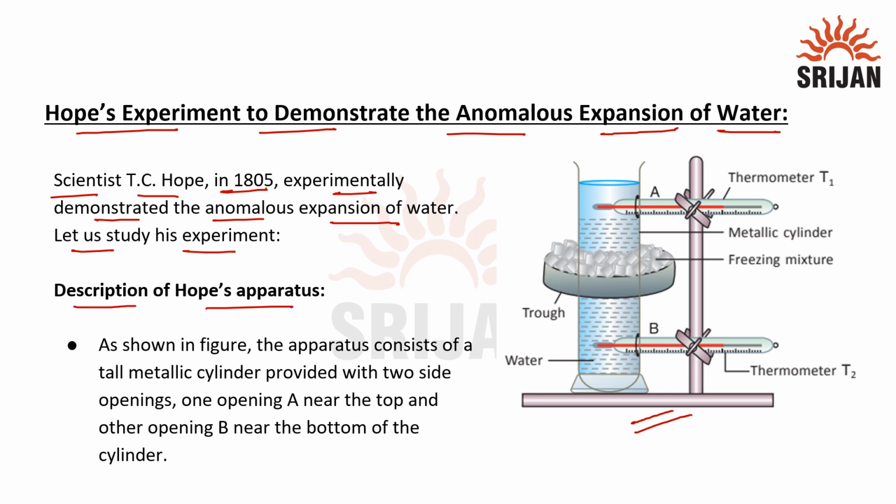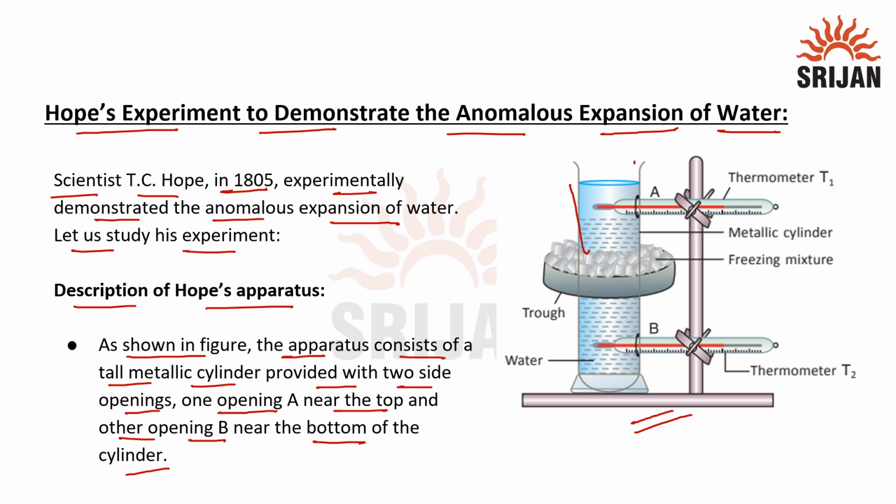Description of Hope's apparatus. As shown in the figure, the apparatus consists of a tall metallic cylinder provided with two side openings, one opening A near the top and the other opening B near the bottom of the cylinder.